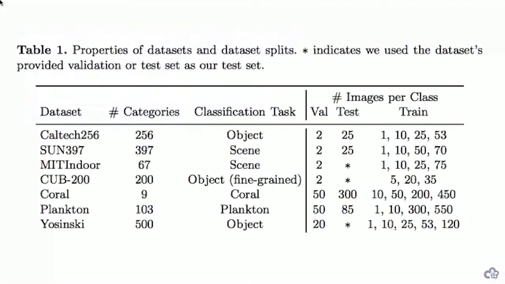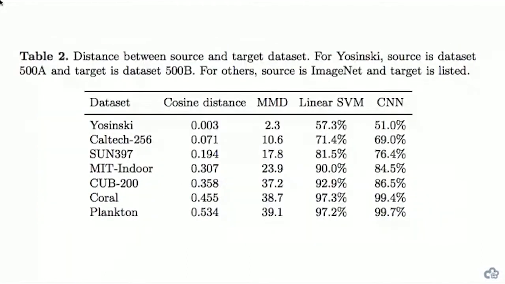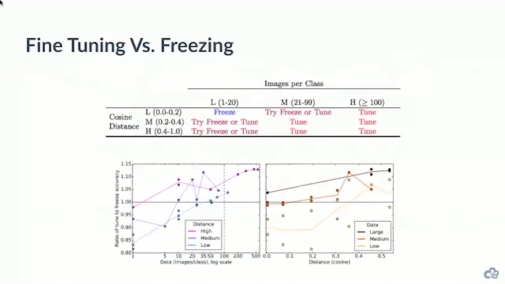They have some data with different data sets that have different numbers of categories and also different levels of distance. Here, by cosine distance, they basically mean they're trying to measure how different the data sets are from each other. They try fine tuning versus freezing, where freezing means you just take the output of the neural net and then classify off of it.